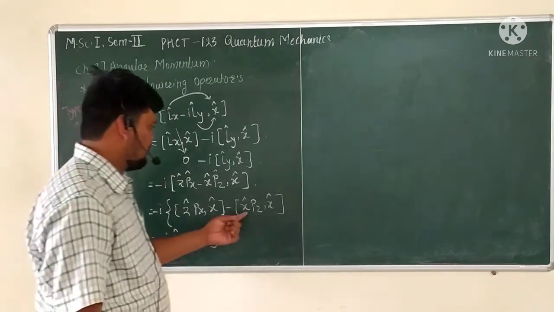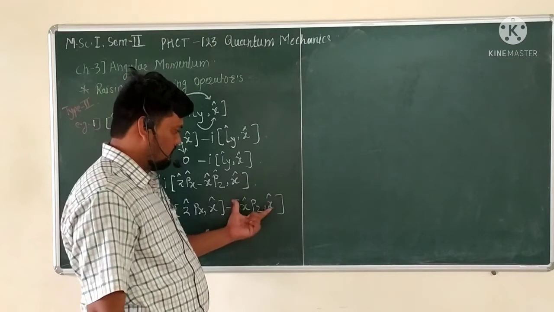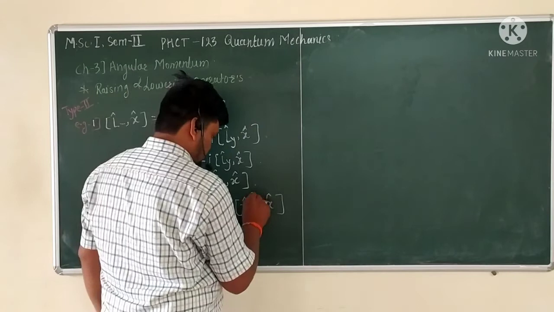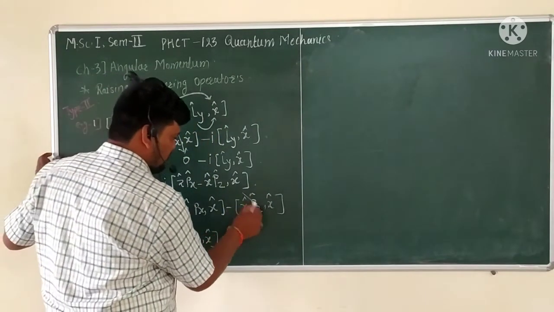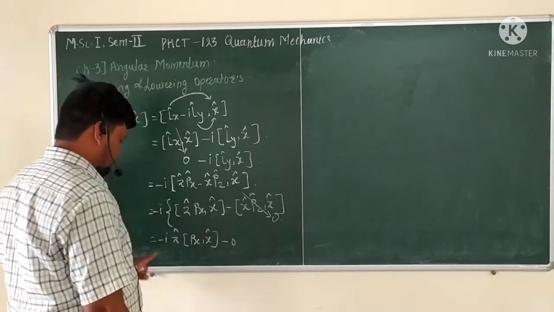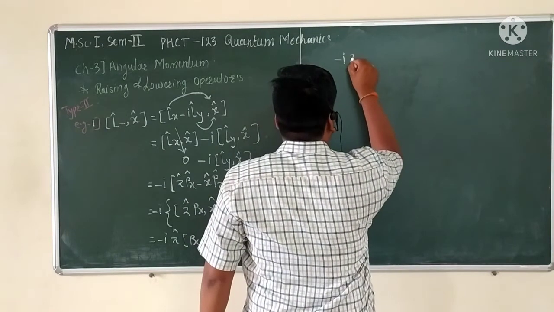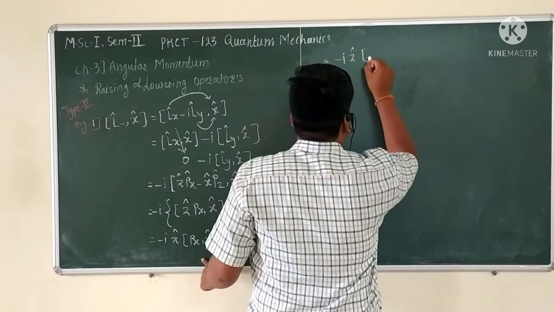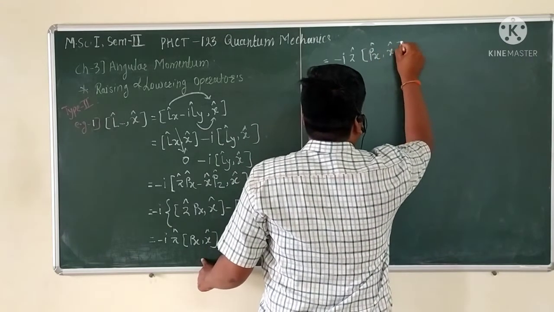For x cap pz comma x cap, the constants are taken outside, so the result of that commutator bracket goes to 0, therefore minus 0. Here we have minus I z cap into the bracket px cap comma x cap.